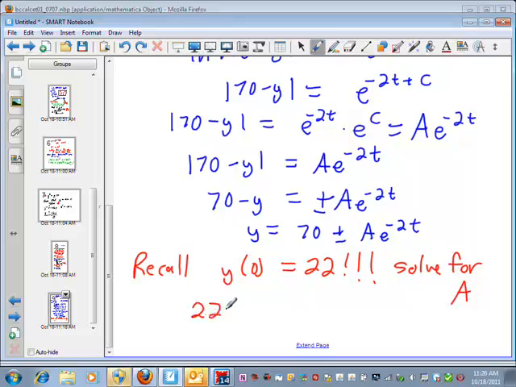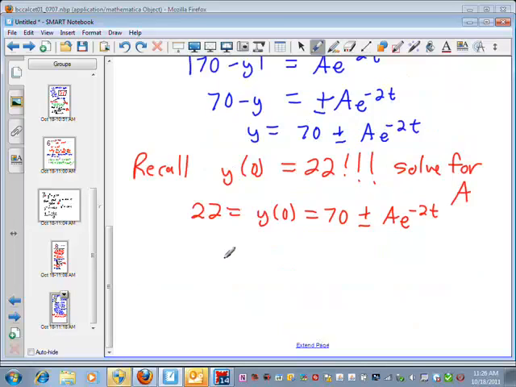So 22 is equal to y of 0, which is equal to 70 plus or minus ae to the minus 2t. And so, I'm sorry, this needs to be a 0, I apologize. 2 times 0.